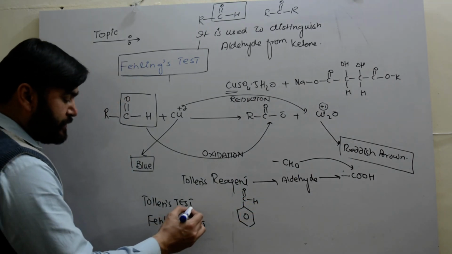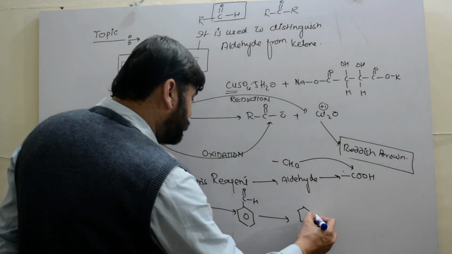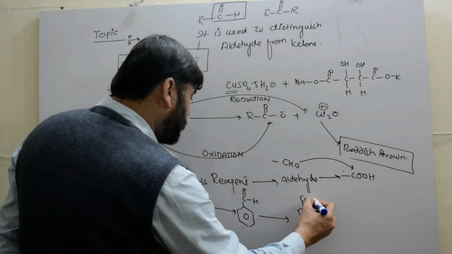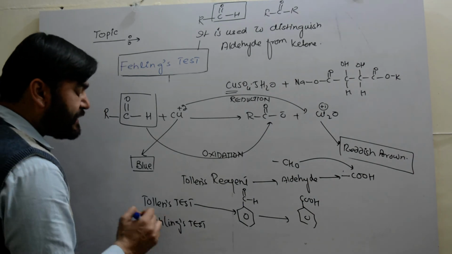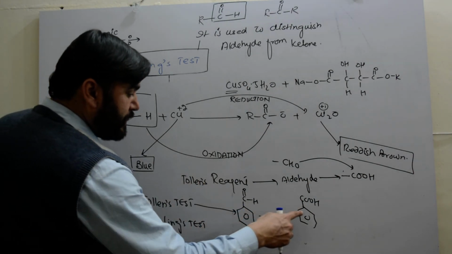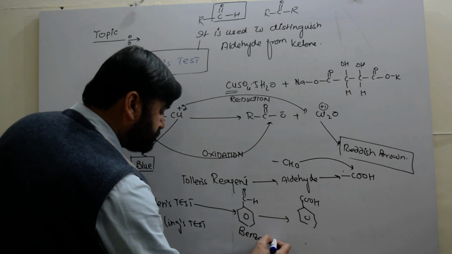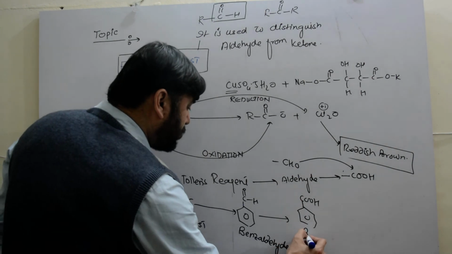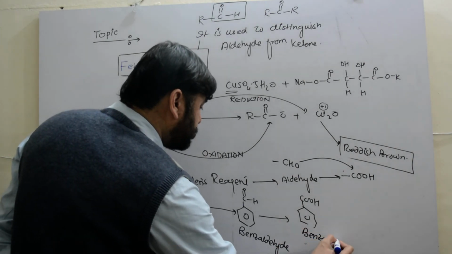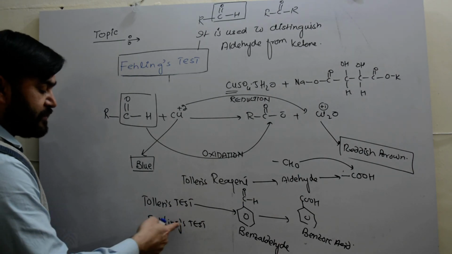When Tollens' reagent reacts with benzaldehyde, it changes benzaldehyde into benzoic acid, but Fehling test does not change benzaldehyde into benzoic acid. This is benzaldehyde, this is benzoic acid. It means Tollens' test is more powerful than Fehling test.